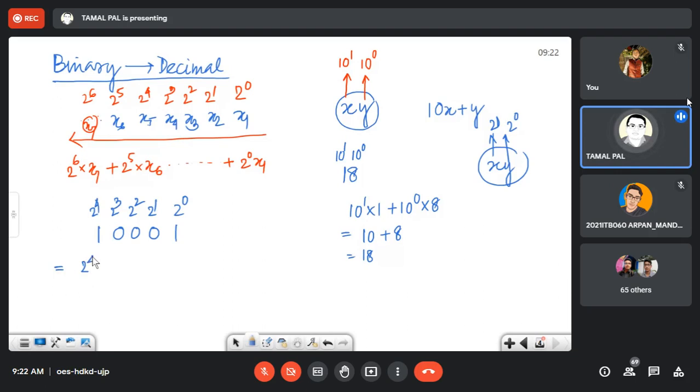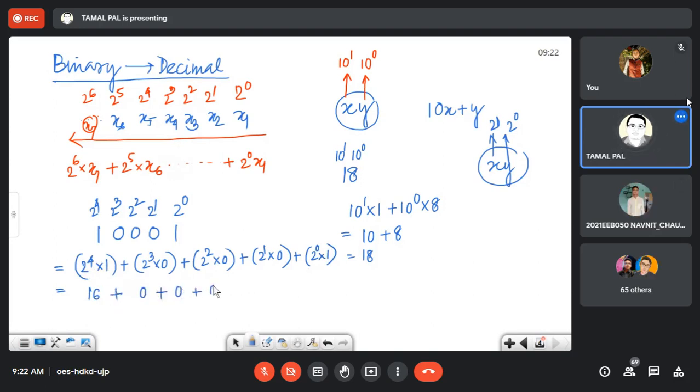So 2 to the power 4 into 1 plus 2 to the power 3 into 0 plus 2 to the power 2 into 0 plus 2 to the power 1 into 0 plus 2 to the power 0 into 1. Please tell me what is the value. 2 to the power 4 into 1 means 16. These things are 0, 0 and 0, and this is 1. So it is nothing but 17.